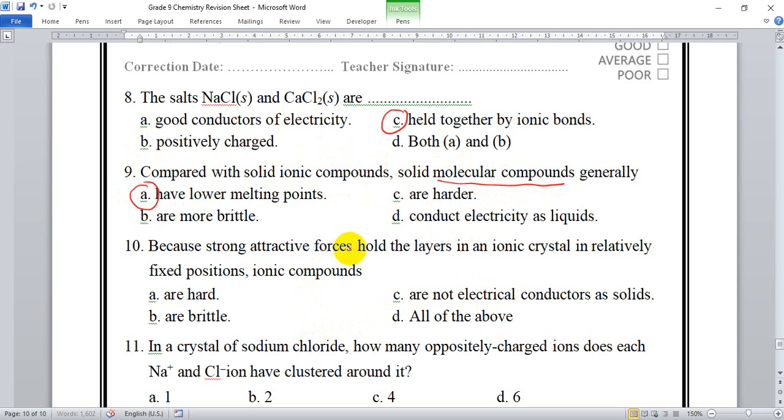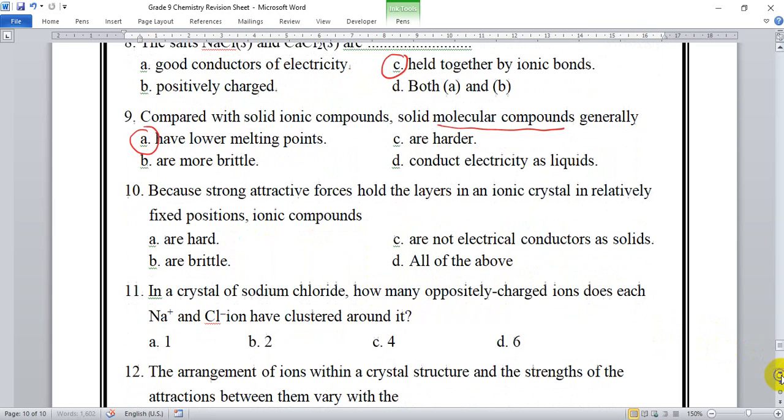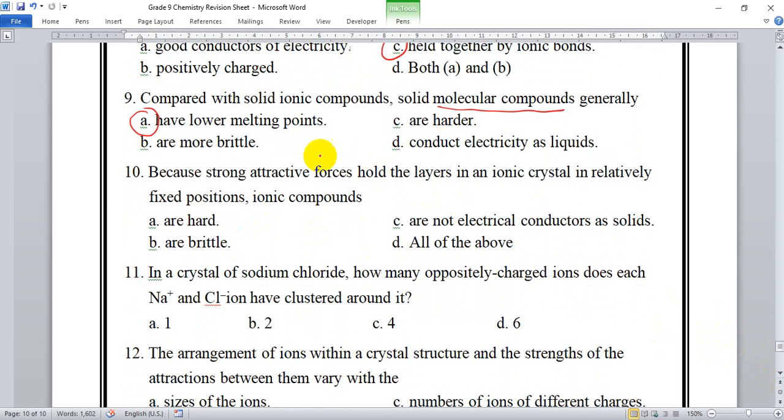Because strong attractive forces hold the layers in an ionic crystal in relatively fixed positions, ionic compounds are hard, are brittle, are not electrical conductors as solids, or all of the above.